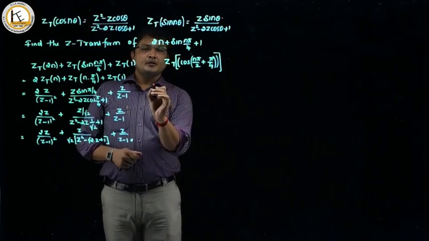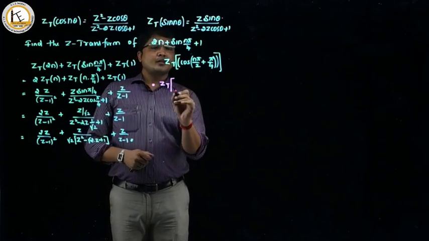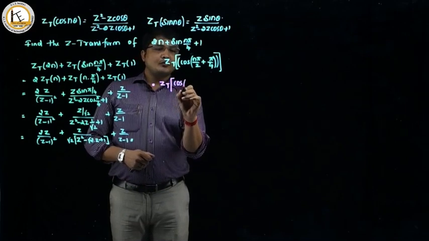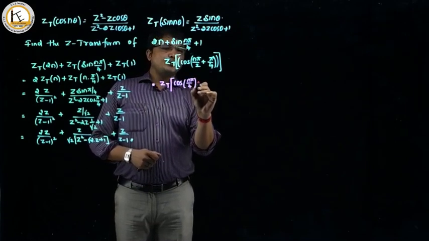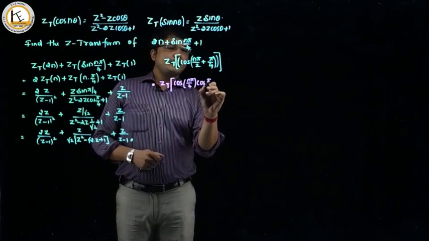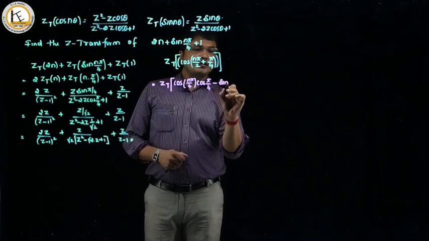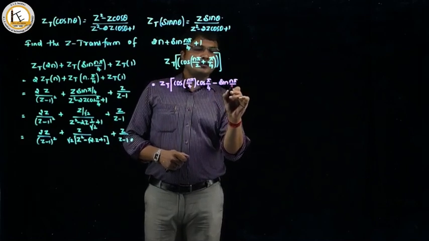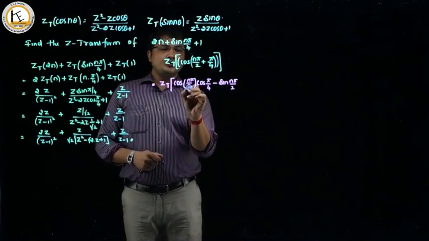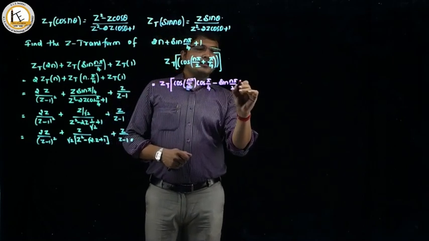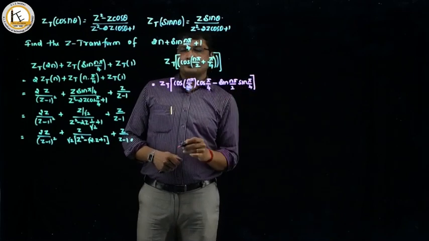we have the z transform of cos of n pi by 2 into cos of pi by 4 minus sine of n pi by 2 into sine of pi by 4.